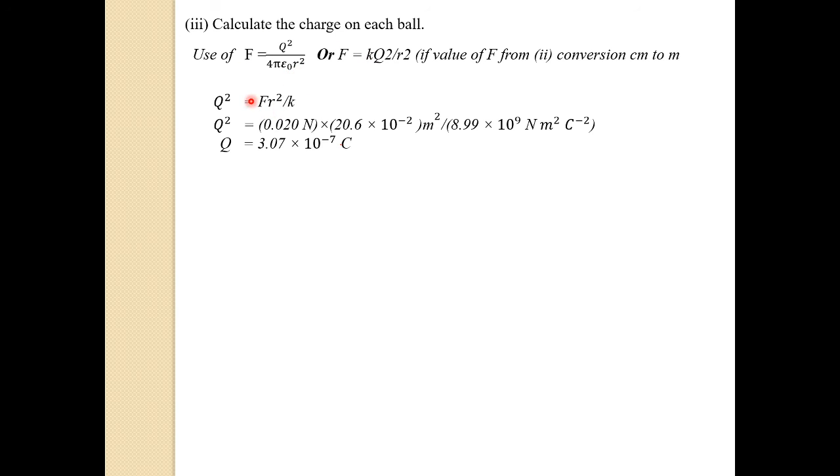In order to find Q, we make Q the subject; F we have got from the earlier question, r we have, and divide by k. Then we obtain Q by taking the square root of Q squared. We get 3.07 × 10^-7 coulomb.